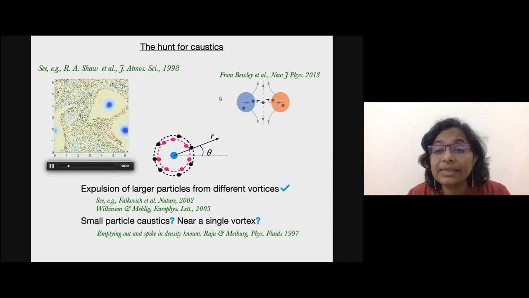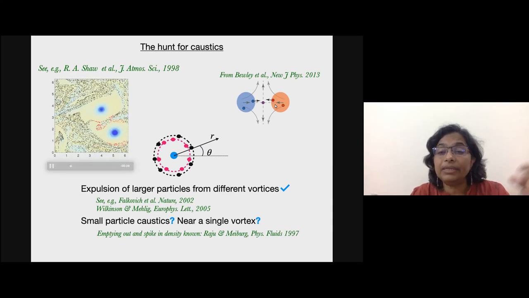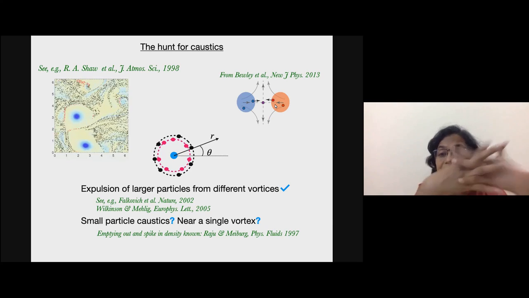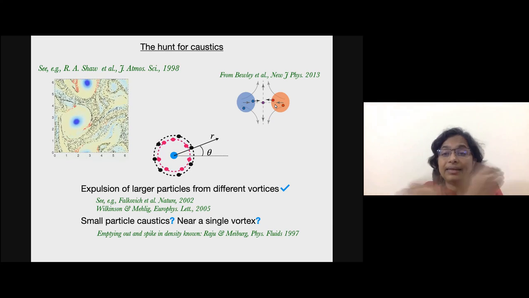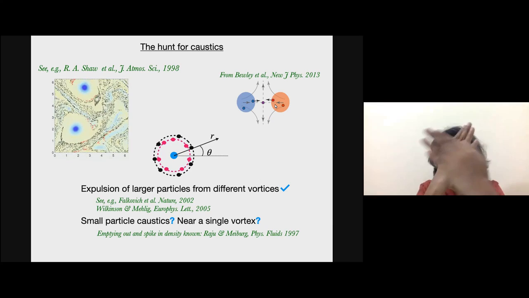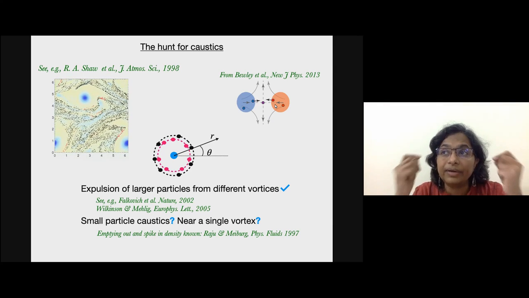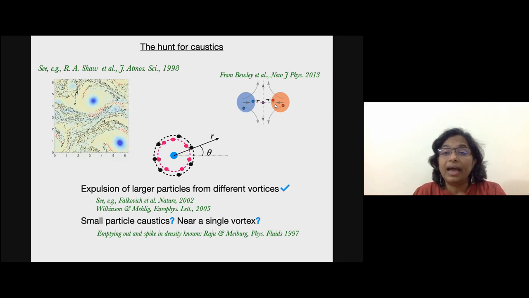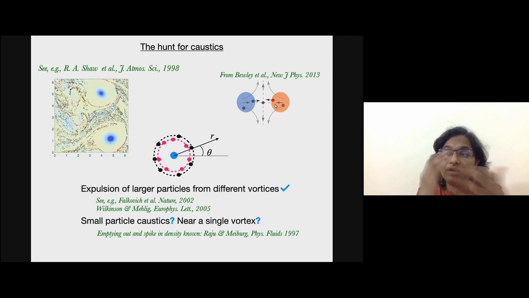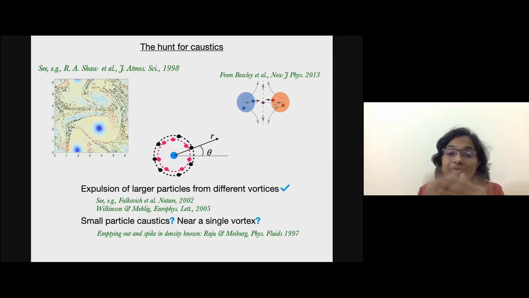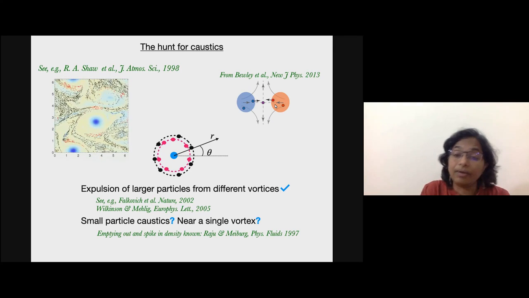Then when this happens, let's say from these two vortices, two particles are coming and dashing against each other, colliding against each other. That is called caustics, because at the place where they collide, the particle behavior cannot be described as a field. At the same point, at the same space and time position, you have two different velocities. So those are called caustics.